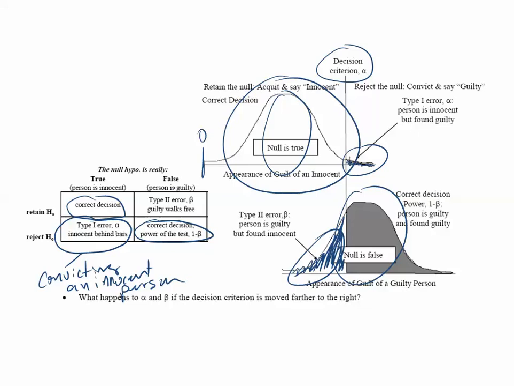A type 2 error would be the case where we retain or fail to reject the null hypothesis, and we acquit a person who is actually guilty. So here we would acquit a guilty person.